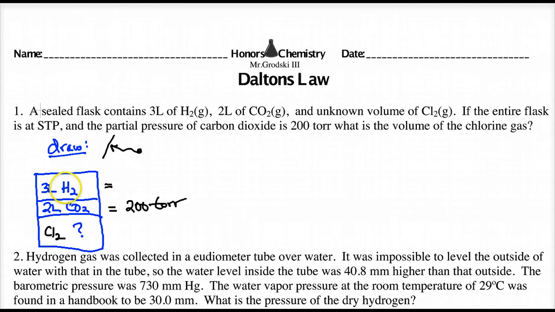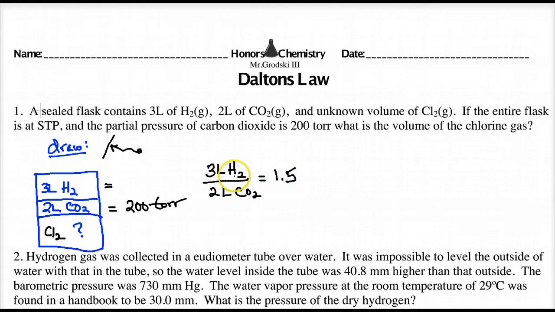So I noticed that hydrogen, and I want to find the pressure of hydrogen, sorry. So if I start with hydrogen, I see that the volume is a certain amount. Okay, how much larger is hydrogen? Well, there are 3 liters of hydrogen for every 2 liters of CO2. So if you put that in your calculator, it's a 1.5 difference.